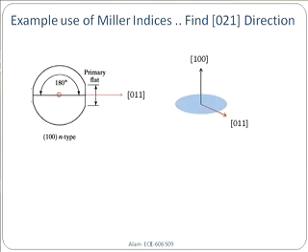Now, one thing I was mentioning was that if you know the Miller indices and the information about these two other vectors, for example, in this case, one vector is coming perpendicular out of the surface of 100, that's one direction, and the other is perpendicular to the primary cut, which is 011.